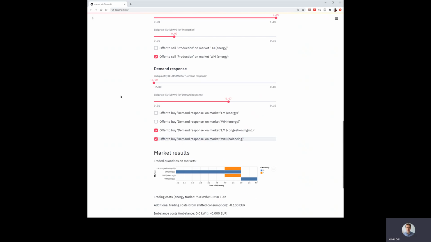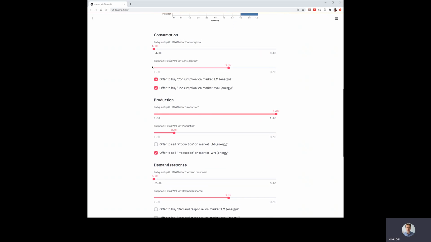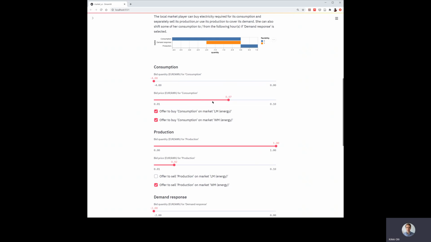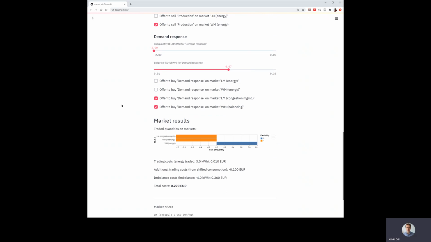And if we made different kinds of decisions, so if we wanted to buy our energy at some low cost, we might end up in a situation where we have just an imbalance cost.